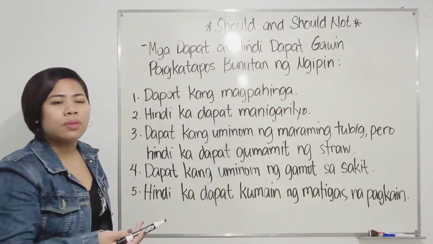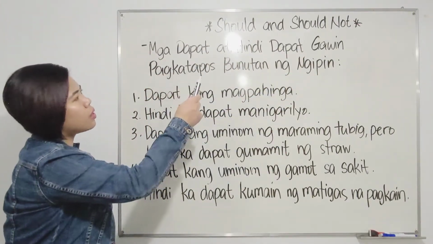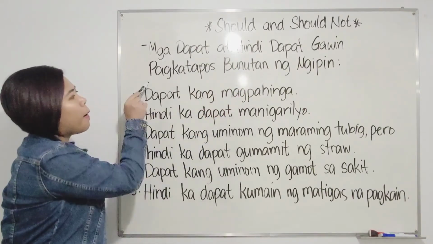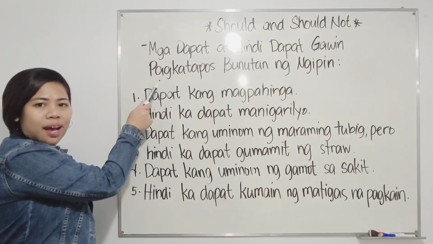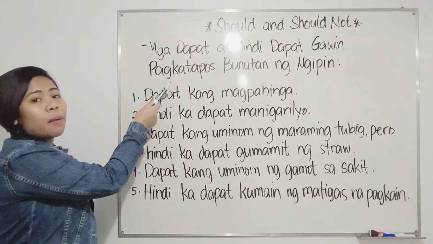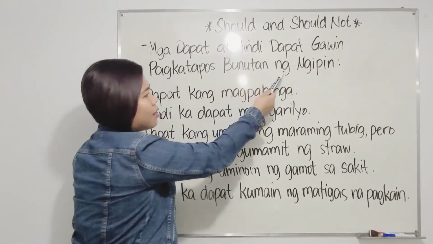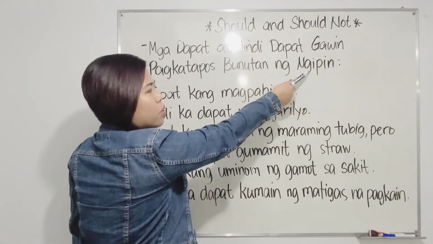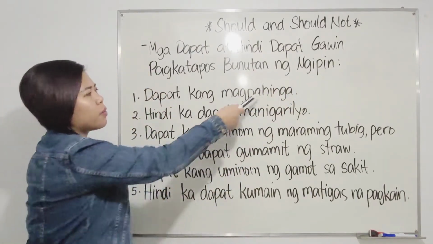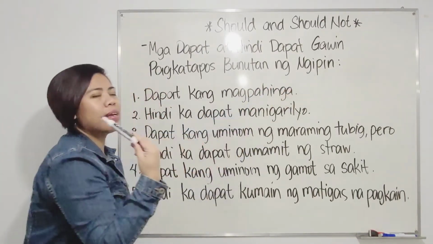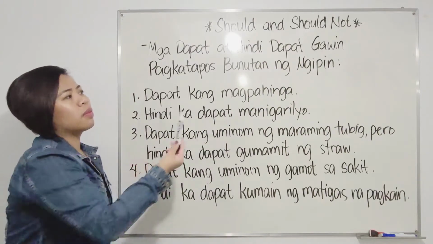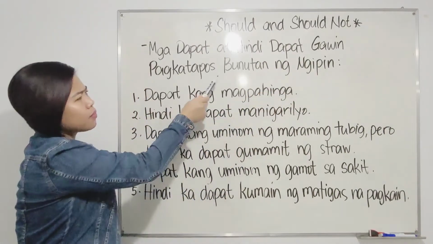Gawin is do, to do. So things that you should and should not do. Pagkatapos, I think we used this word before. Pagkatapos means after, right? After, bunutan ng ngipin. This word here, ngipin, I think you're familiar with this. Ngipin is teeth or tooth, singular, tooth.